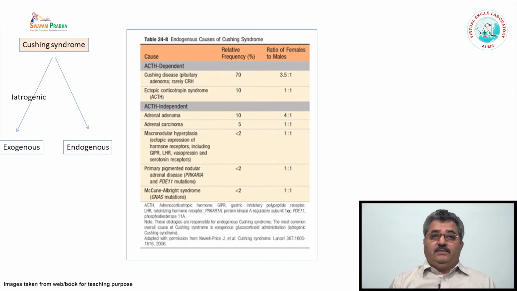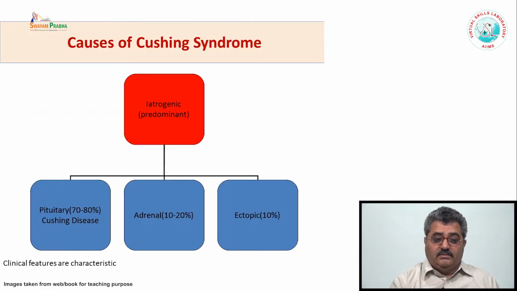The other causes may be the ectopic production of ACTH, or maybe something wrong in the adrenal cortex, which may be the neoplasia, that is the adenoma or carcinoma, or sometimes it may be the hyperplasia, which may be macronodular hyperplasia or diffuse hyperplasia. It may be associated with some syndromes which are genetically determined. There may be some mutations which cause hyperfunctioning. This shows the causes of the Cushing syndrome.